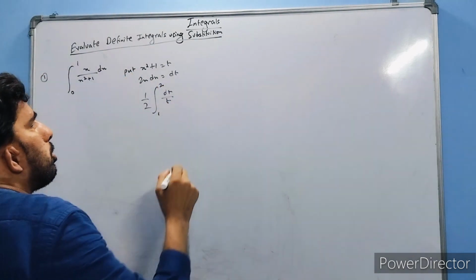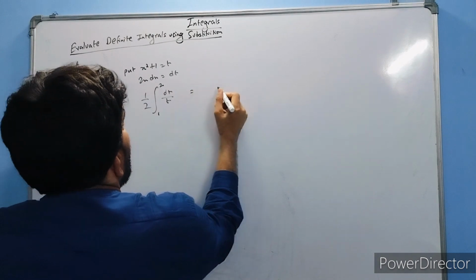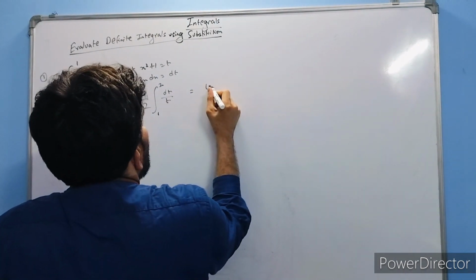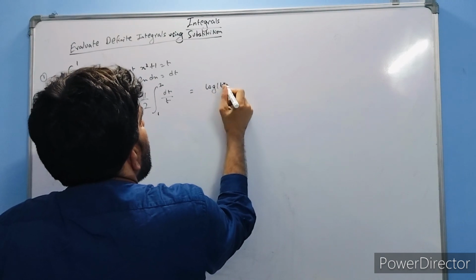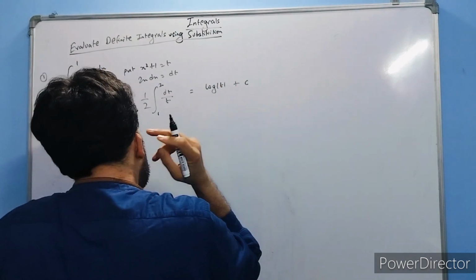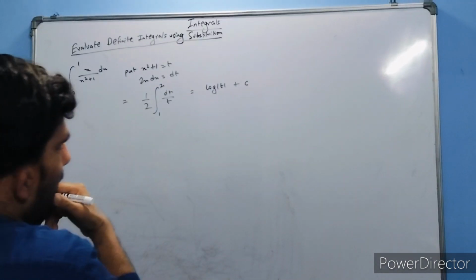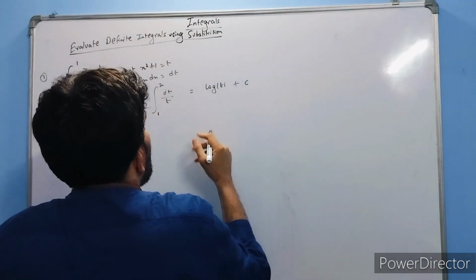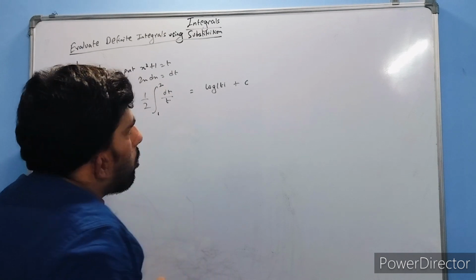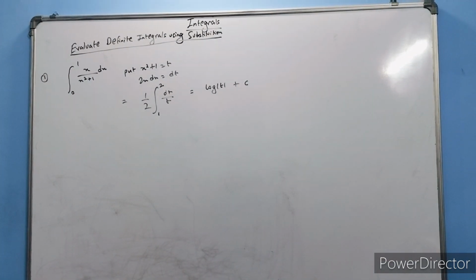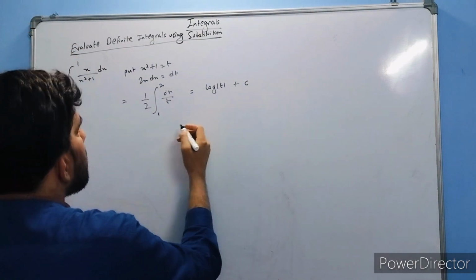Limits will also change. So now what I have, the integration of 1 upon t will be log t. So I got log t plus c. Okay, so that is how we can do it. Now we got log t plus c.